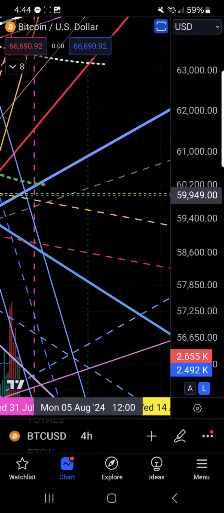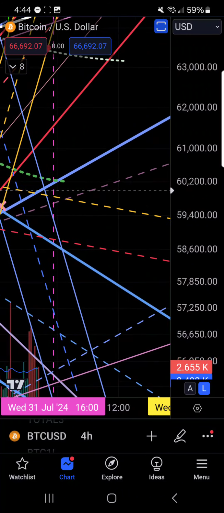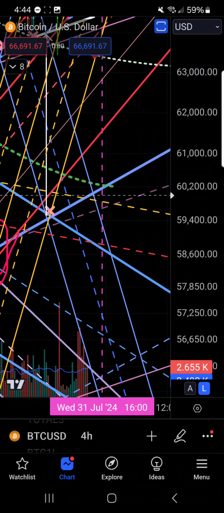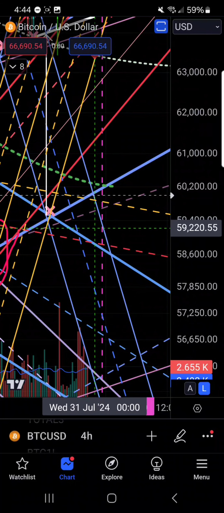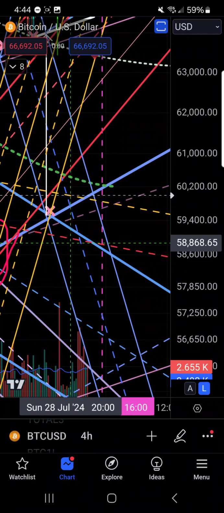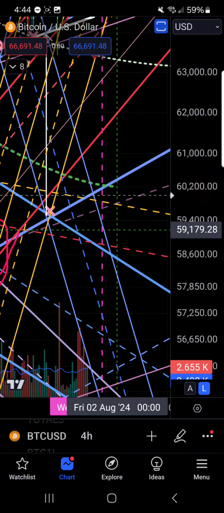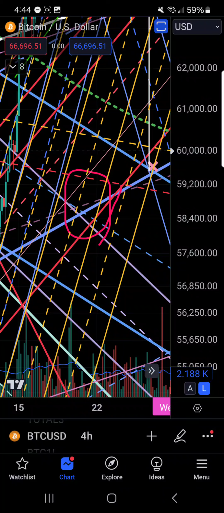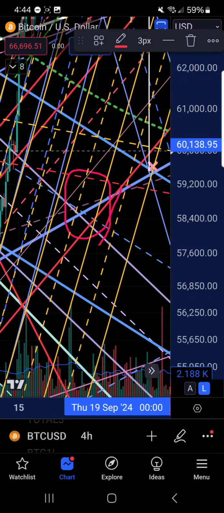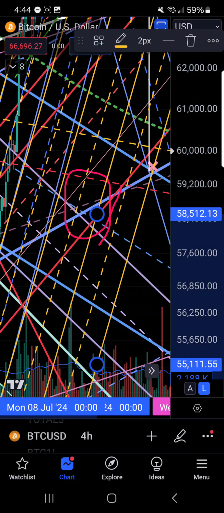Now, so we have these dashed red lines. We have the gap here. You know what? Let's take away this circle. I don't think I'm touching this circle.